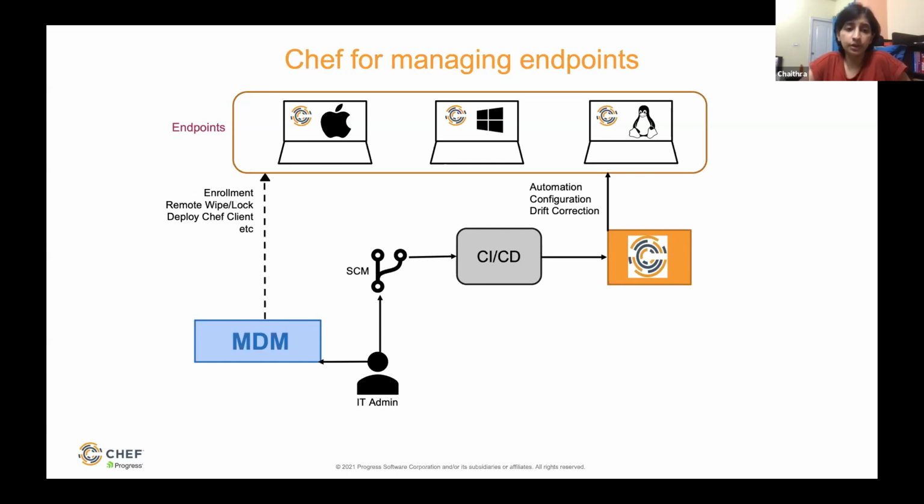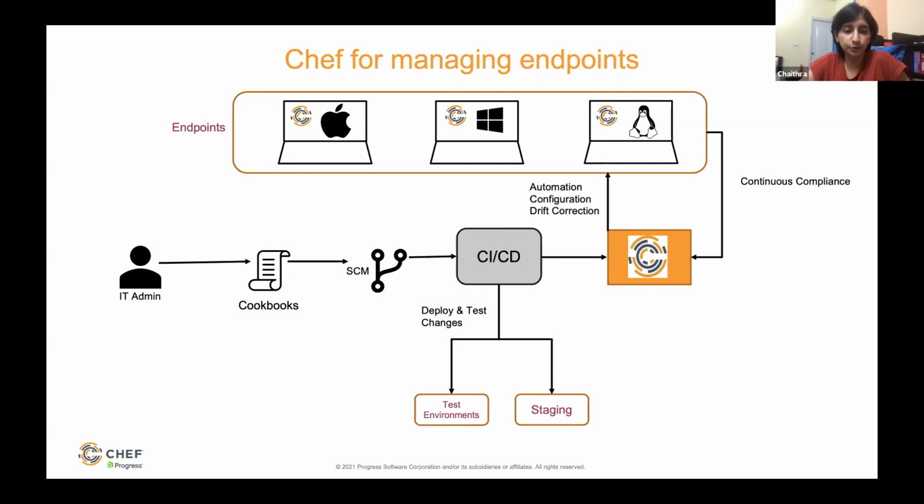Right. So, taking you through only the Chef part of the workflow. Typically, IT admins would write their configurations in Chef artifacts called cookbooks. Cookbooks are where you generally define your configurations as code, which is pushed to a source code management repository like GitHub. From there, a CI/CD pipeline is triggered, and the cookbooks are pushed to the Chef server.